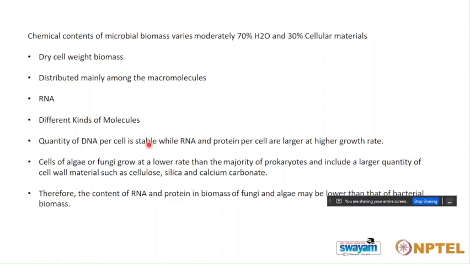The majority of components of these cells will be cellulose, silica and calcium carbonate. Since they have a low growth rate, the RNA and DNA content will be very less in these organisms. But in prokaryotes, the RNA and DNA content will be more compared to algae and fungi. In algae and fungi, due to their slower growth rate, other components will be prevalent, like cellulose, silica and calcium carbonate.